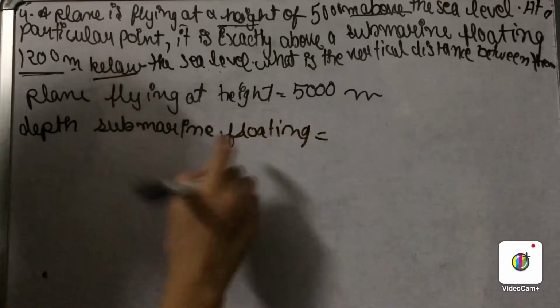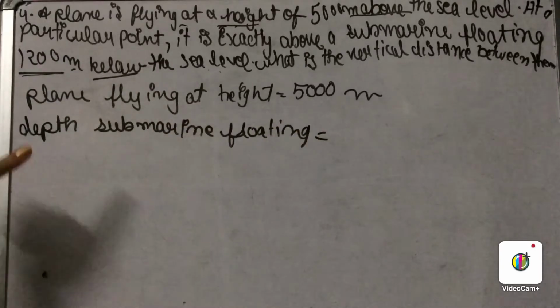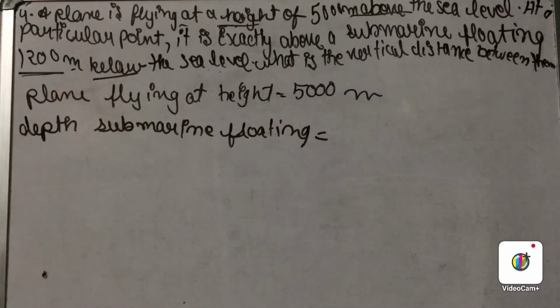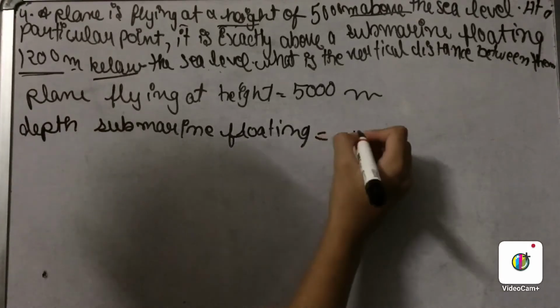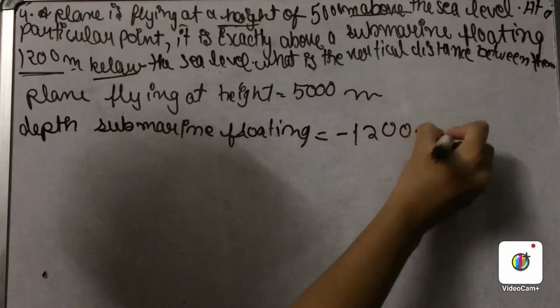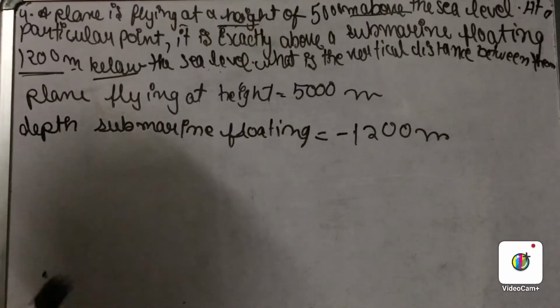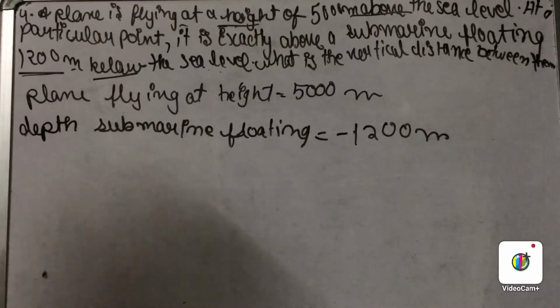Now what is the depth in which the submarine is floating? If the height of the plane flying is represented by a positive integer, then the depth of the submarine floating will be represented by a negative integer. So depth of submarine floating will be minus 1200 meter. Okay, so now let us solve this.